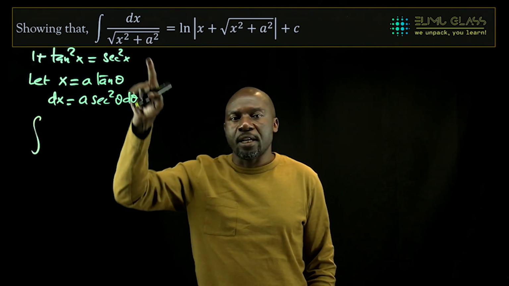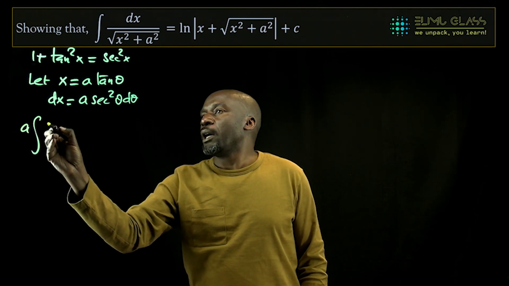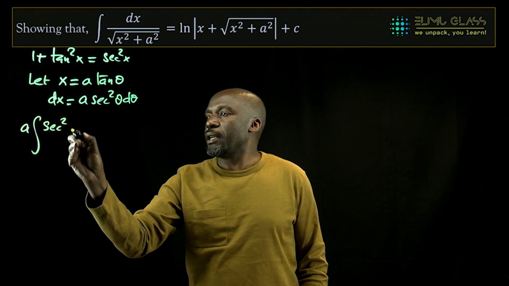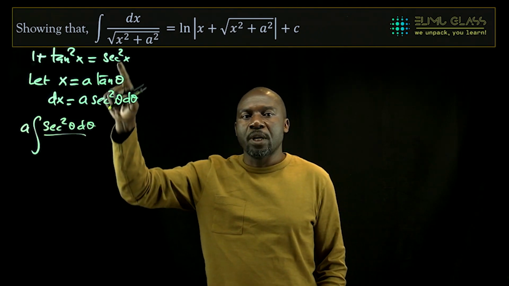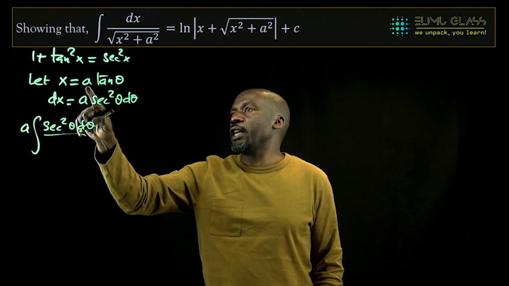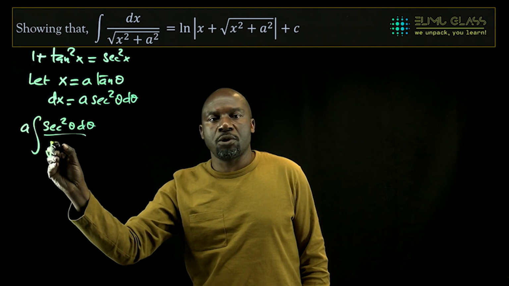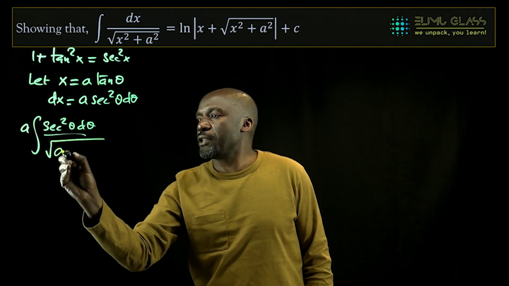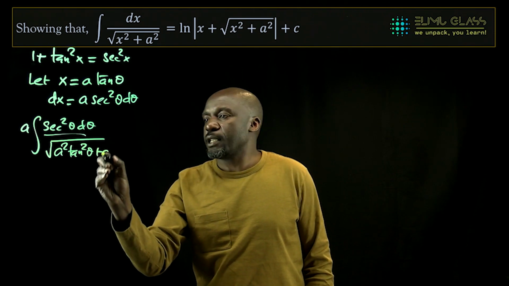Where there is dx, I'll replace it with this, so that is a sec squared of theta d theta. And where there is x, I'm going to put a tan theta. So clearly that becomes root of a squared tan squared of theta plus a squared.